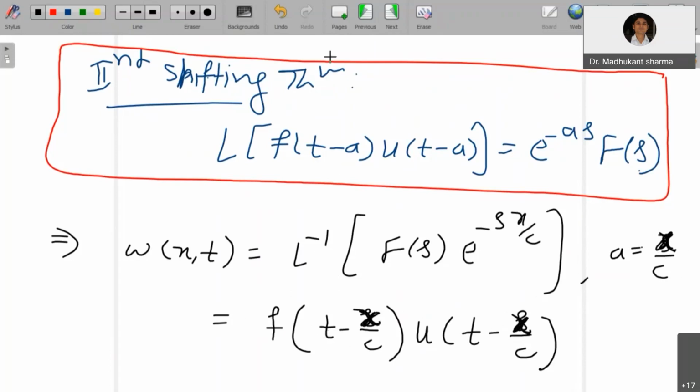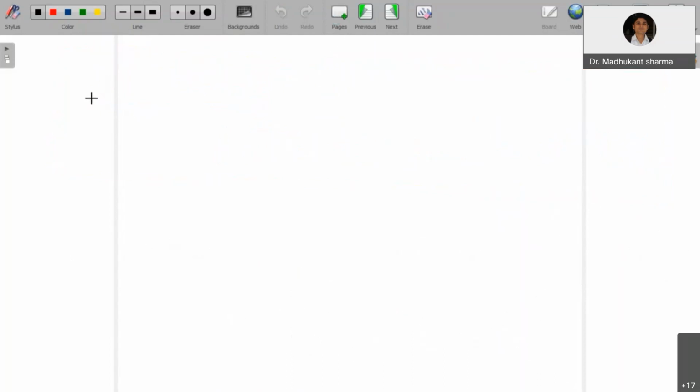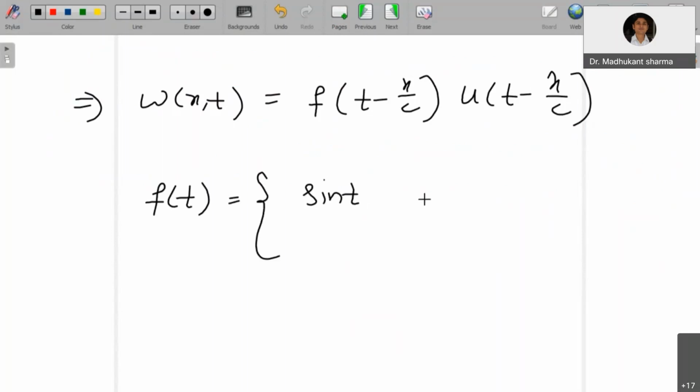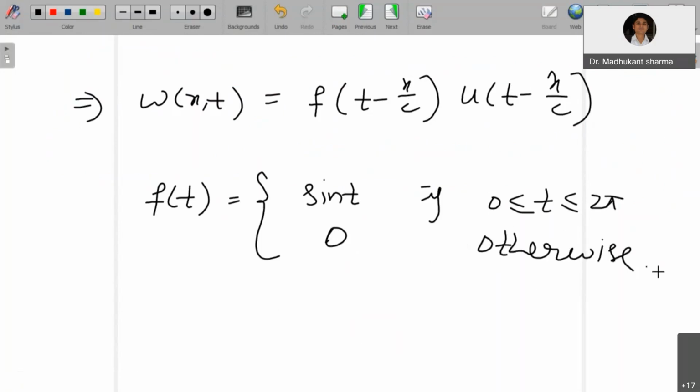So w of x comma t is equal to f of t minus x by c times u of t minus x by c. And what is f of t? It is sine t if 0 is less than or equal to t less than or equal to 2 pi, and 0 otherwise. So this is the solution of the above semi-infinite string.